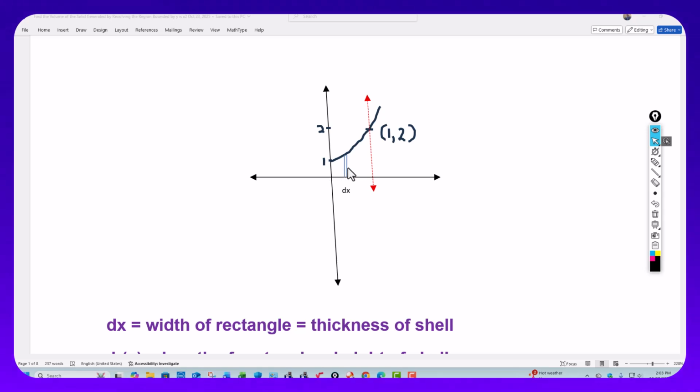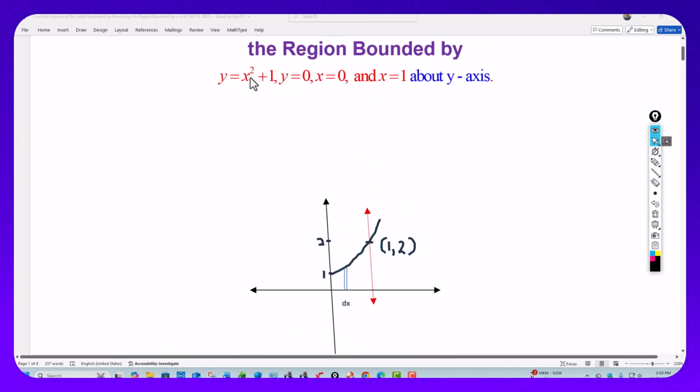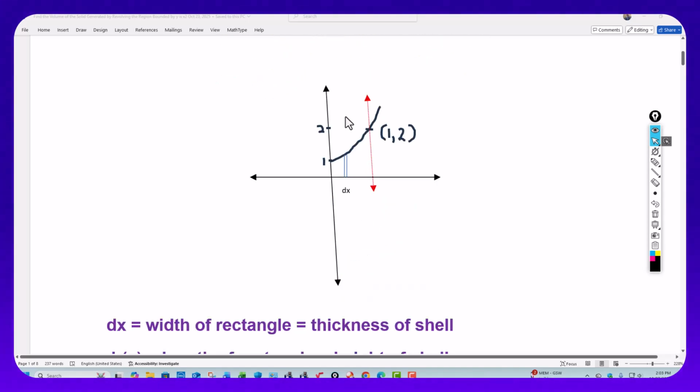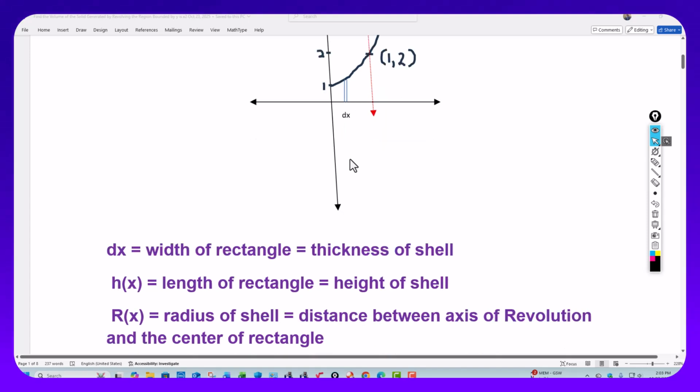From here to here, that's x. And since we're integrating with respect to dx, we don't have to do any conversion. We just put it in there. And then the height, this distance here from the base, is just y, or x squared plus 1. And of course the thickness of the shell is dx.